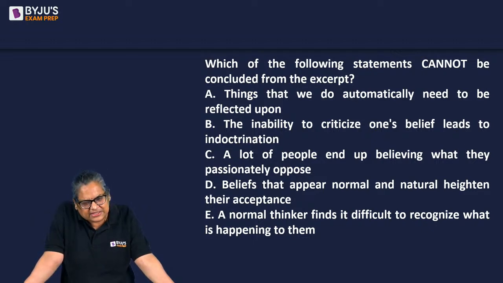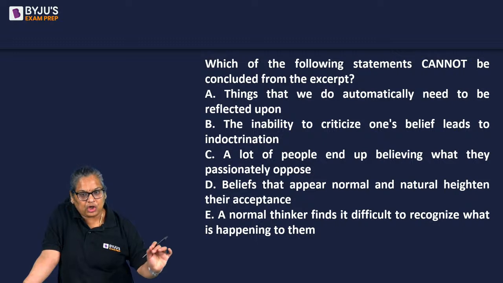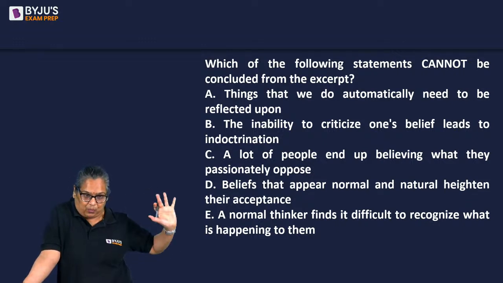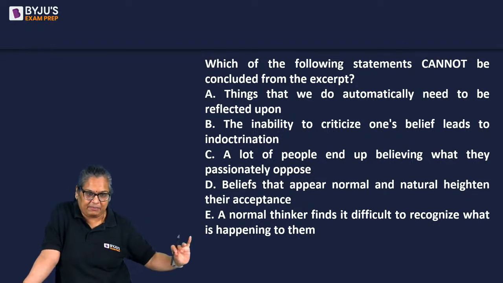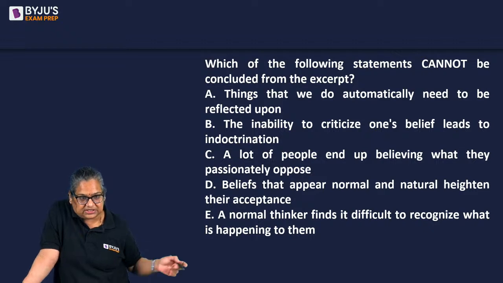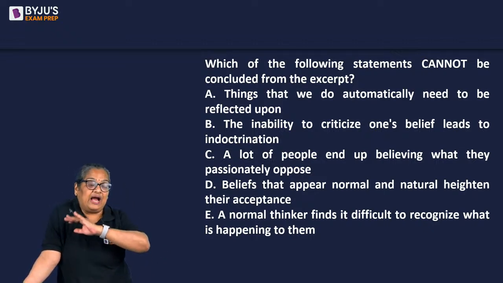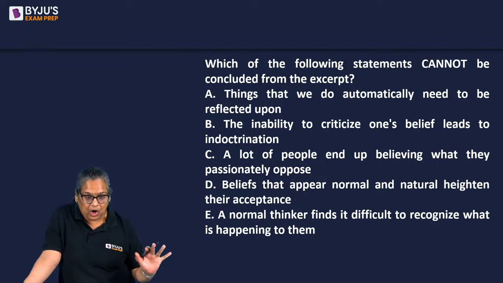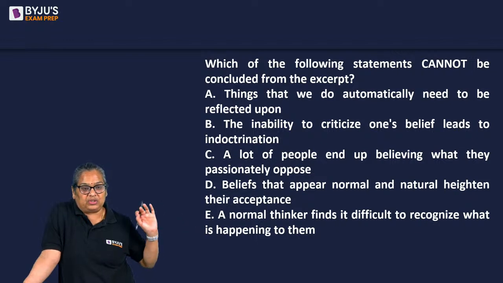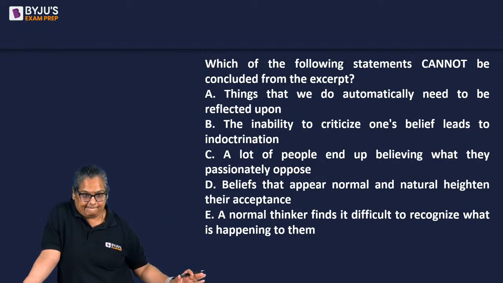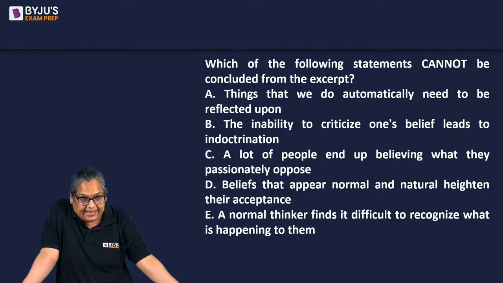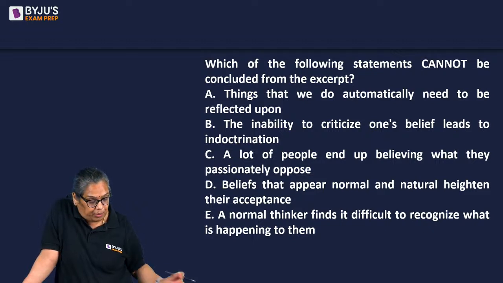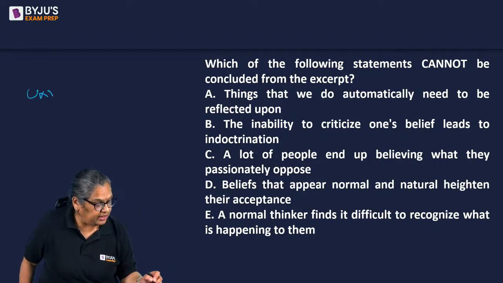So based on this, you are extending your logic. If I extend my logic, I can include this, this, this, this. Which one can you say, I cannot put this into the scheme of what the author has said? Is it option A, things that we do automatically need to be reflected upon? We are all unreflective thinkers.